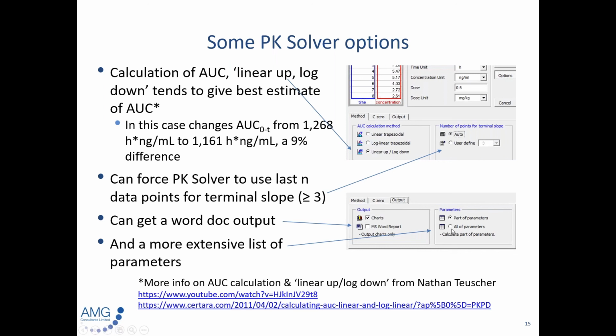And as I mentioned, if you click this radio button here, you'll get a longer list of calculated parameters. The point about linear up and log down has been much discussed in the area, but there are some nice descriptions, a video and a web page from Nathan Teuscher of Satara, who's gone into that in some detail.